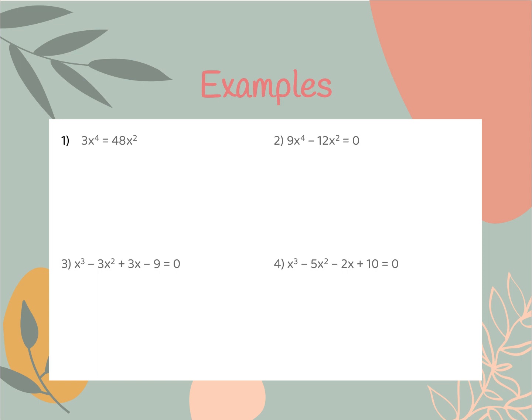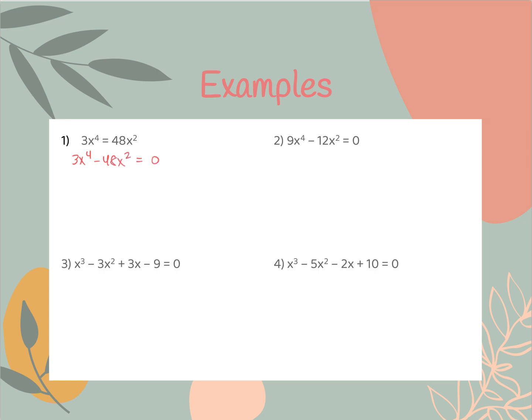Now notice this is just 3x to the fourth equals 48x squared. And so there's really only two terms here. So this is going to be one where we're going to want to set it equal to 0 to start out. So we're going to want to subtract the 48x squared from the left side and the right side. So we're going to get 3x to the fourth minus 48x squared equals 0.